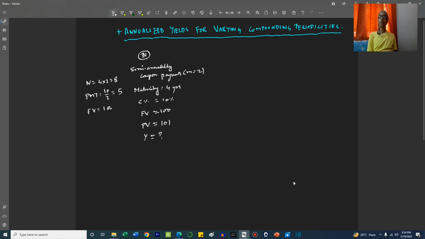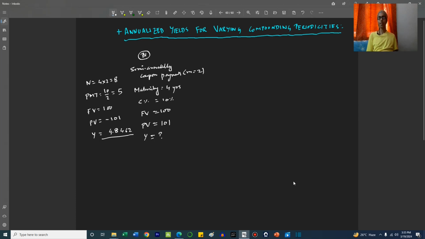Future value is 100, present value is by convention minus 101. So we can easily find out the required return, right? This will be equal to 4.8462. But this is the semi-annual, half-yearly yield.